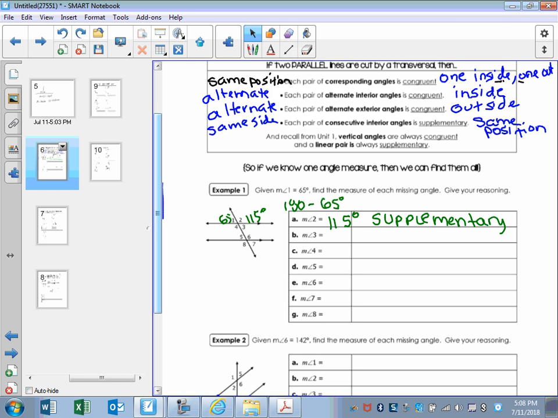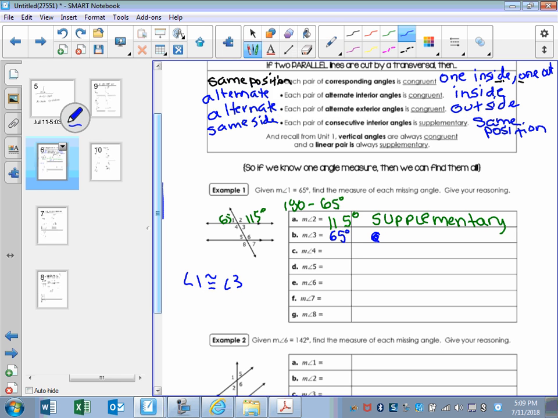Now, angle 3 is a vertical angle to angle 1. Angle 1 is congruent to angle 3, and that means angle 3 is 65 degrees because they are vertical angles.